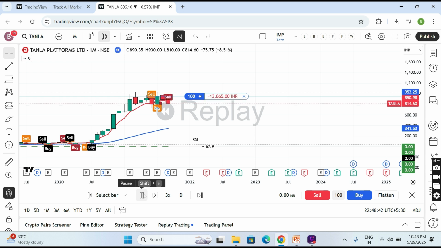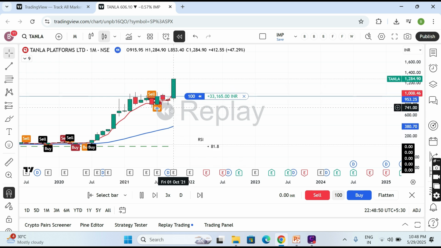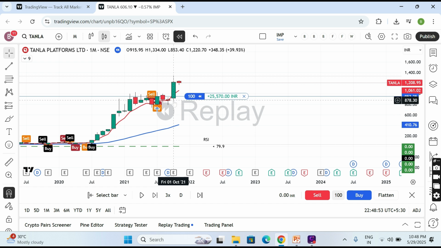I will wait. Still my stop loss is that only. Then over here I will keep this stop loss. For this particular candle, what is the low? It's 853.